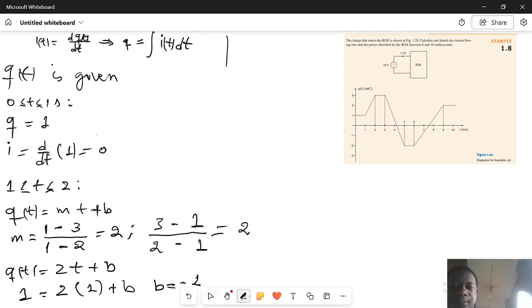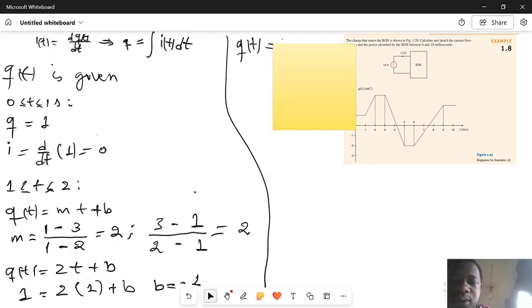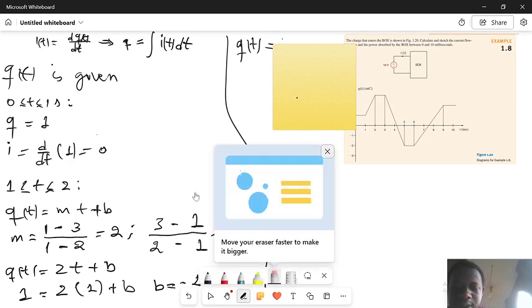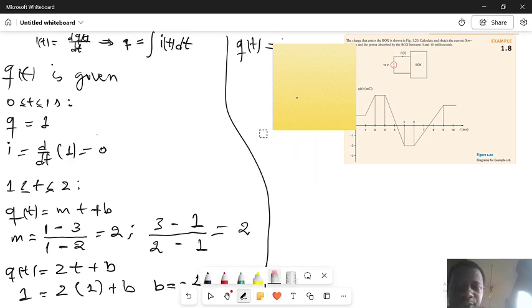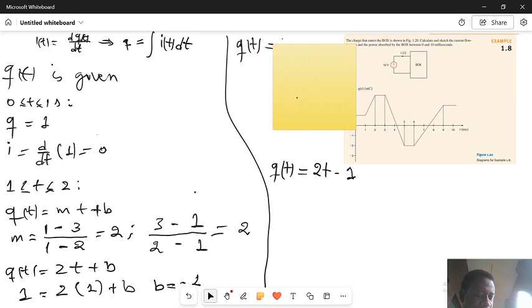Now I have q(t) equals 2t minus 1, because the value of m is 2 and the value of b is minus 1.